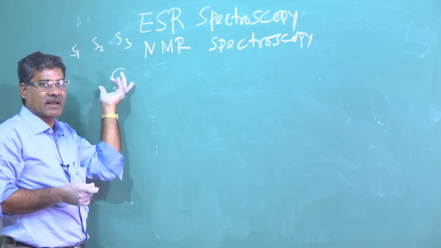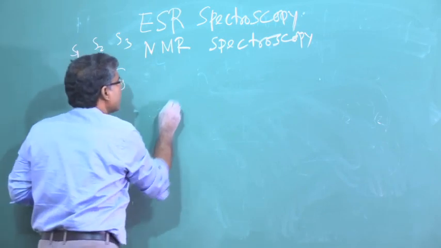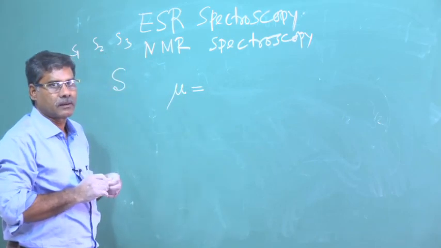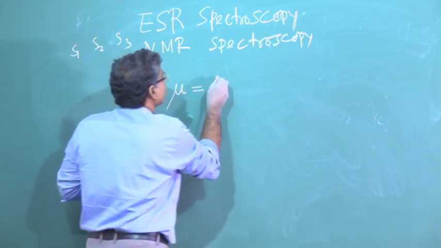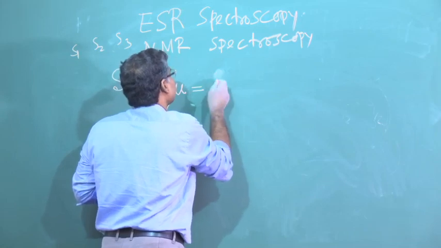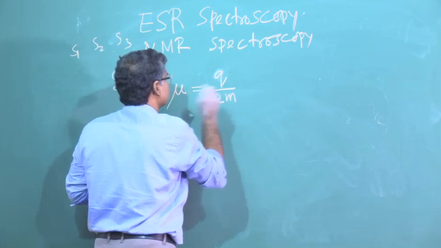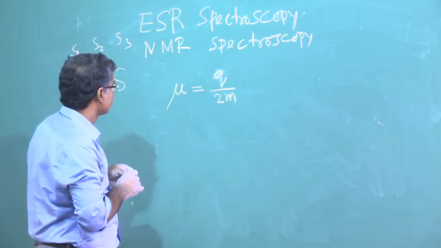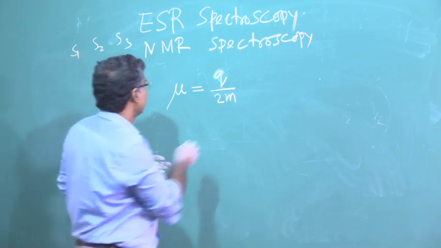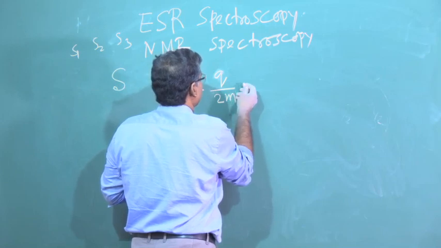Okay. If S is the electron spin, so the magnetic moment mu, you remember, is in general Q by 2m times S H cross.